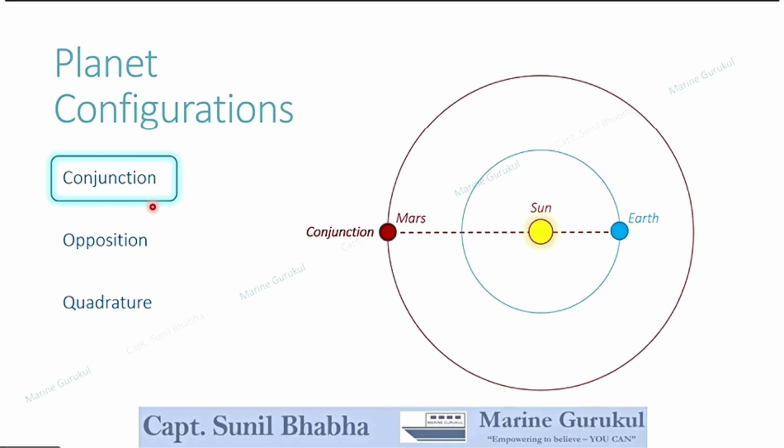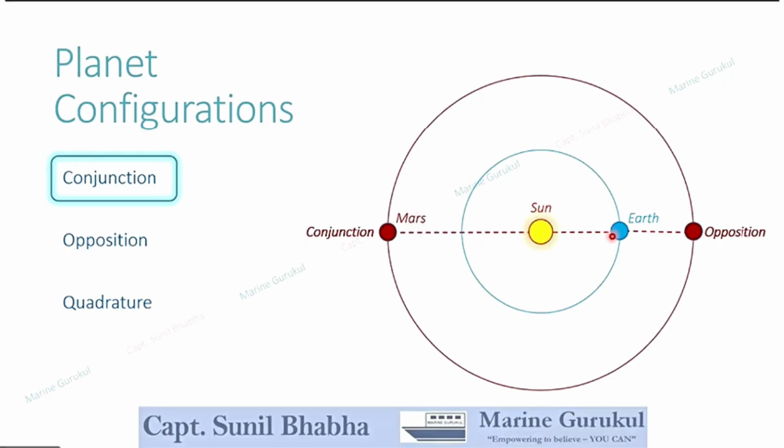Now let's say after some time we keep on observing this particular planet, and it moves to a different placement in its orbit, and right now the planet has moved to this particular location in its orbit. Now for an observer on the Earth with the planet Mars at this particular location, you can see that the sun and the planet Mars are opposite to each other, or they are in opposite directions.